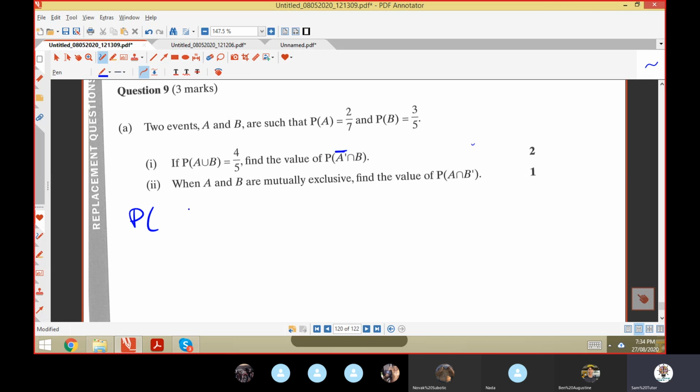We know that the probability of A or B is equal to the probability of A plus the probability of B minus the probability of A and B.